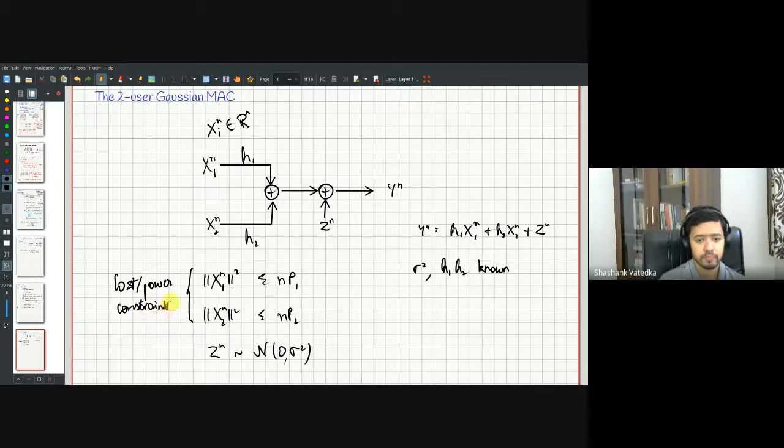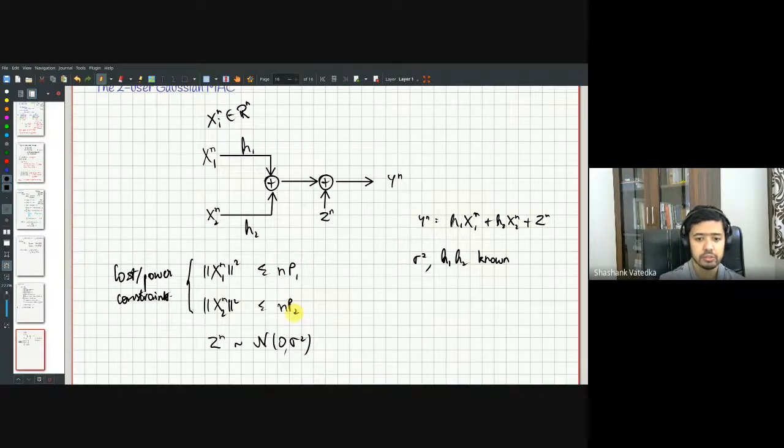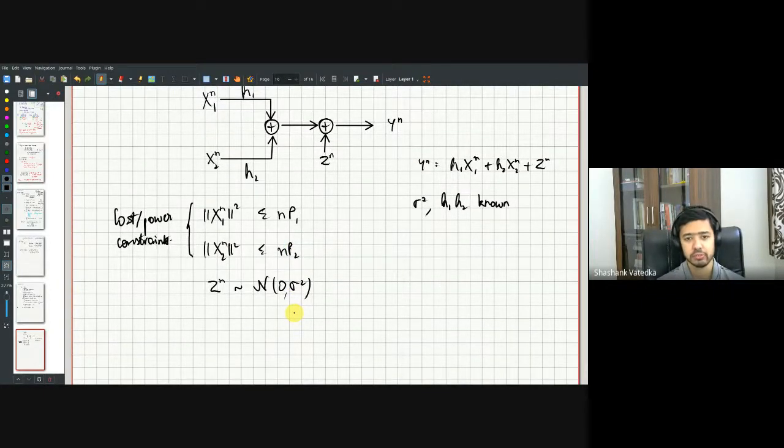We want the 2-norm of x1^n, the whole squared, to be less than or equal to n times P1, where P1 is the power constraint, and the 2-norm of x2^n squared should be less than or equal to n times P2, where these P1 and P2 are of course given beforehand. So these are the constraints that need to be satisfied. And for this particular channel, let us try to find out what the capacity region is.